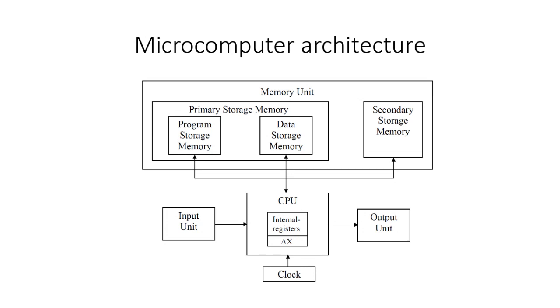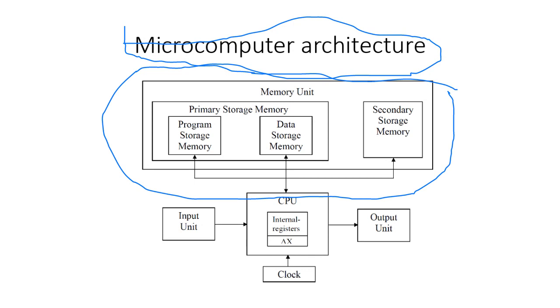Now, something more about microcomputer architecture. A laptop is a microcomputer, so what are the main components inside it? This one is called the memory unit, and this one is called the CPU.